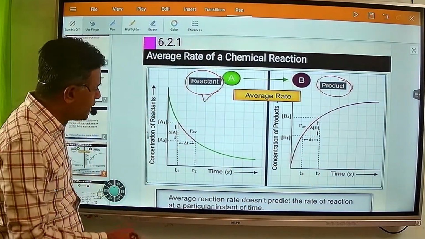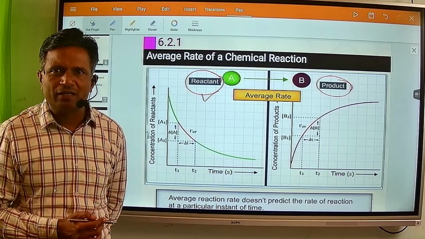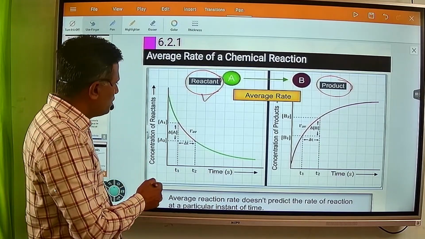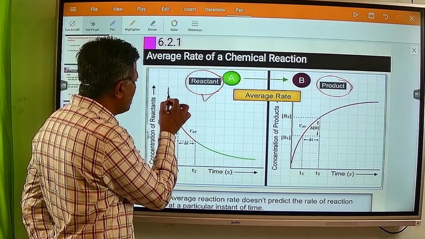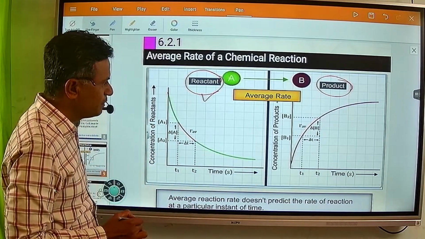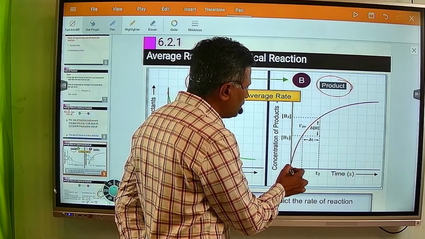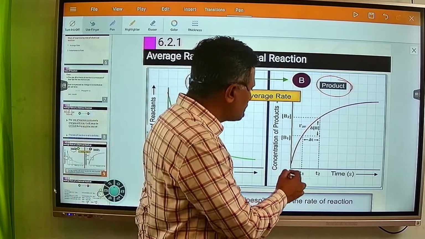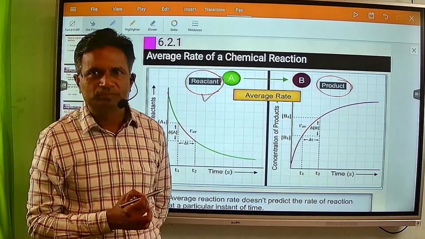Whenever any chemical reaction starts, the concentration of reactant as well as the concentration of product changes with the time. For the reactant, the concentration is maximum, and with the time the concentration of reactant decreases. In case of product, the concentration initially is 0, and when the reaction starts, the concentration of product increases with the time.